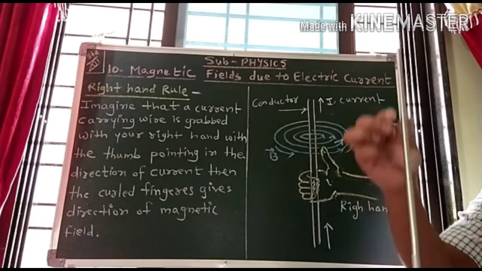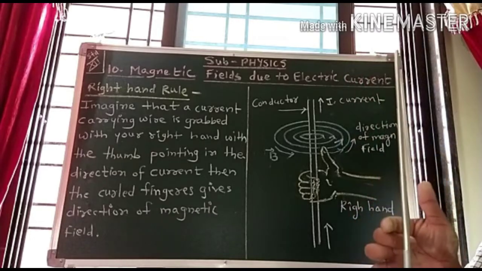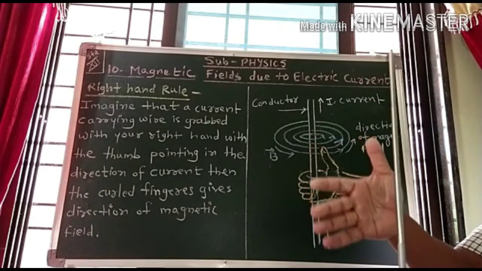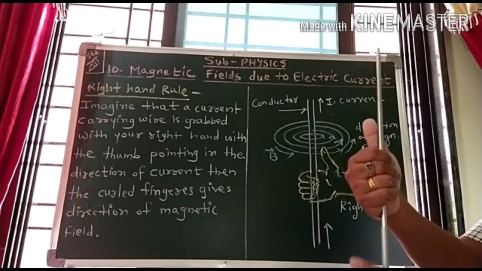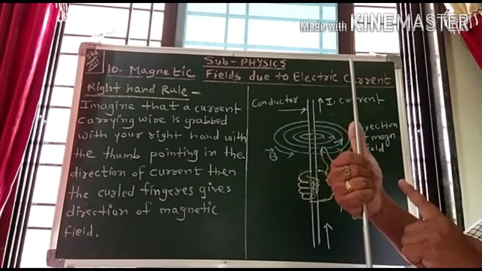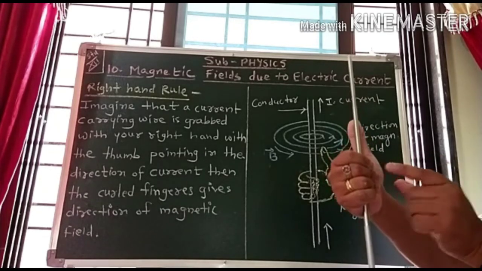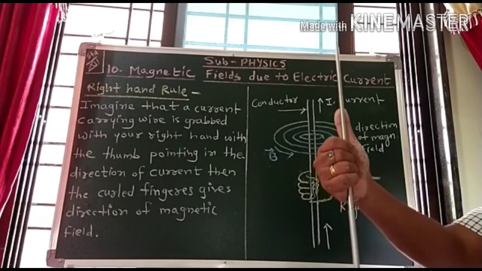Imagine this is the current carrying conductor, and current is passing in the upward direction. Hold this conductor in your right hand so that the thumb points in the direction of current, and curl the other fingers around the conductor. These curled fingers give the direction of the magnetic field. Here the current is in the upward direction, so the magnetic field is produced in the anti-clockwise direction.